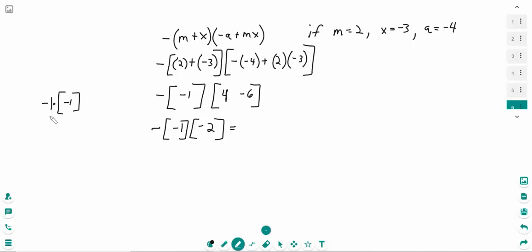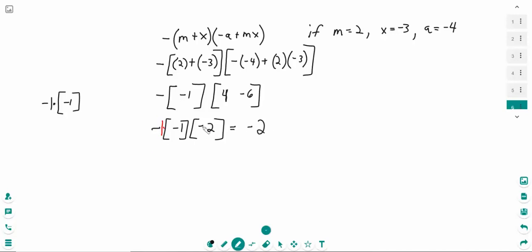Remember whenever you have a sign outside the parenthesis or the bracket, like a negative sign outside of that, just think of it as having an invisible 1 right here and a multiplication sign. So you'd have a negative 1 times a negative 1, which is going to be a positive 1. And then a positive 1 times a negative 2 is going to be a negative 2.